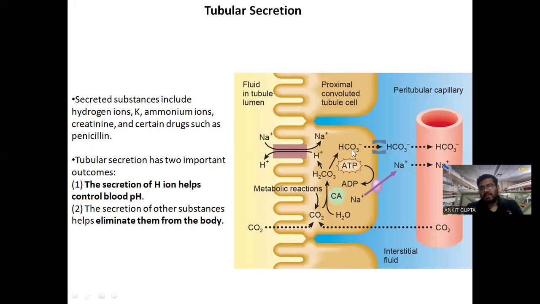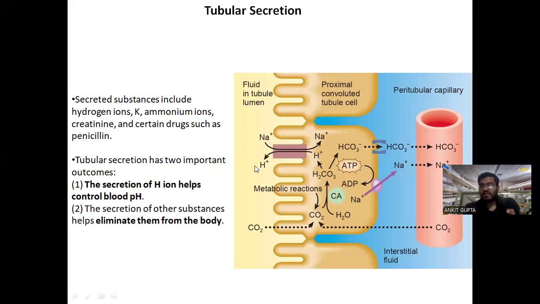So the sodium ions, as we know, because of the sodium potassium pump, the concentration is lower inside the cell. So it is taken by this antiporter from the fluid in the tubule lumen and transported back into the cell. And hydrogen ion, as it is being produced by this H2CO3 dissociation, is in higher concentration inside the cell, so it is transported back into the tubule lumen.